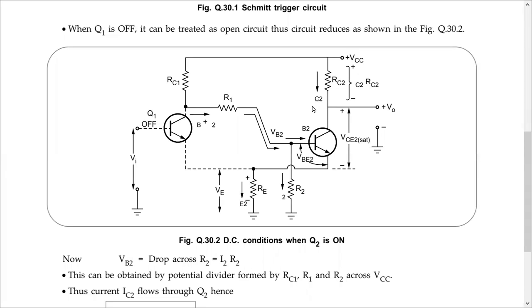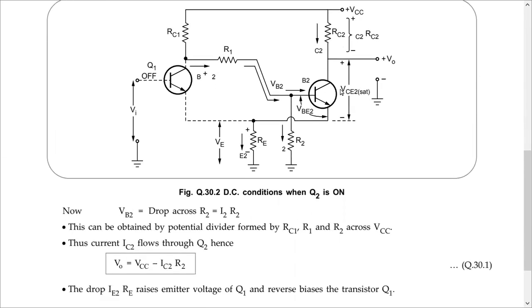IC2 is the current through the collector of the second transistor, and the resistor is RC2. The voltage drop here will be simply IC2 into RC2. So what will be V0? V0 will be VCC minus IC2 into RC2.